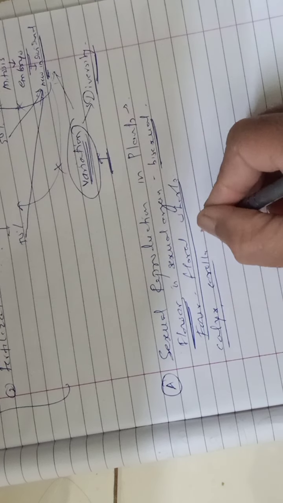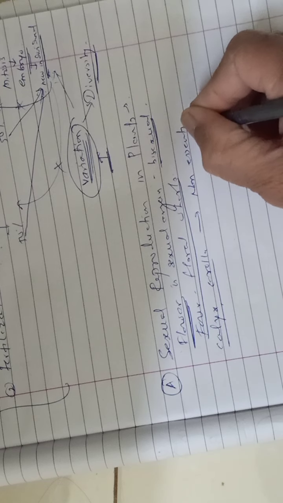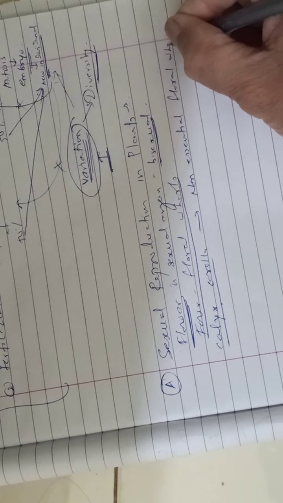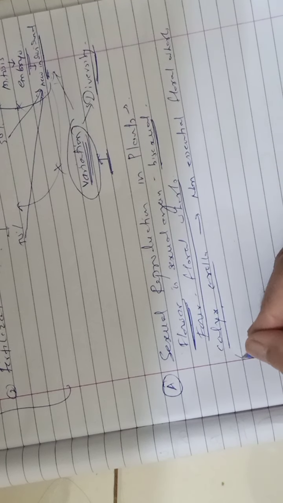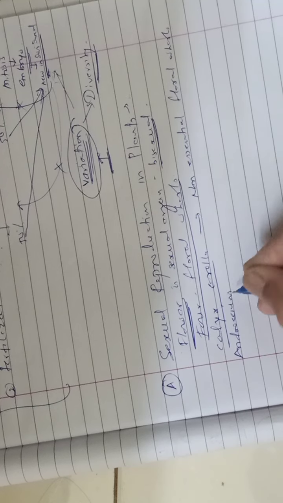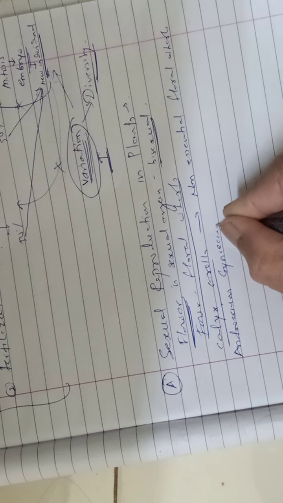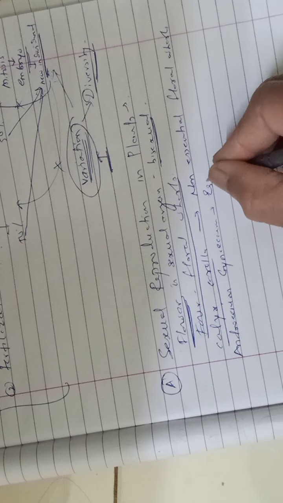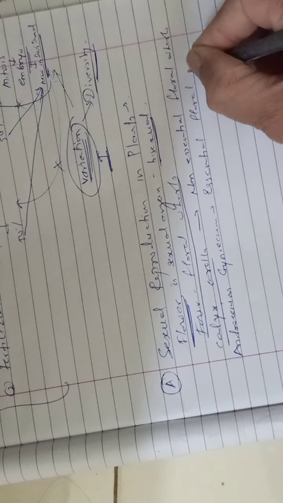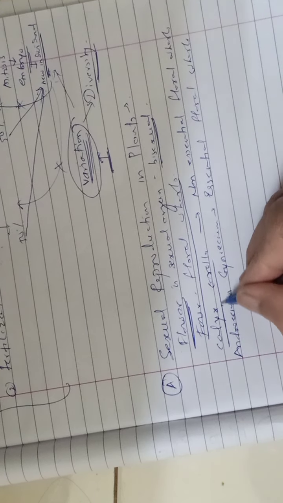These calyx and corolla are called non-essential floral whorls, and the second ones are the androecium and gynoecium. They are called the essential floral whorls. Why are they called essential and non-essential?